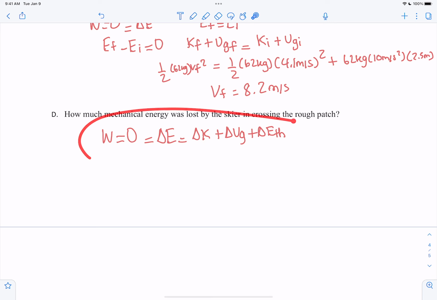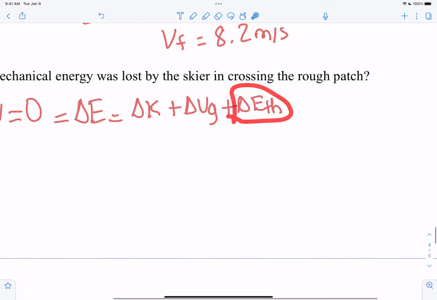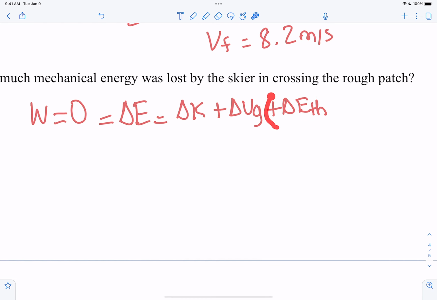That's assuming that there's a conservation of energy, and we just want to figure out, well, yes, there is energy lost due to that thermal energy from the rough patch, but we can account for it, essentially. That's the idea here. We can calculate it, we can account for it without necessarily externalizing work due to friction.